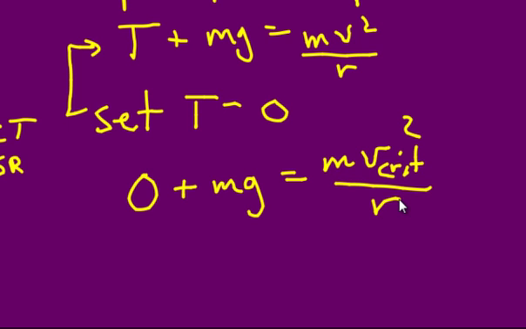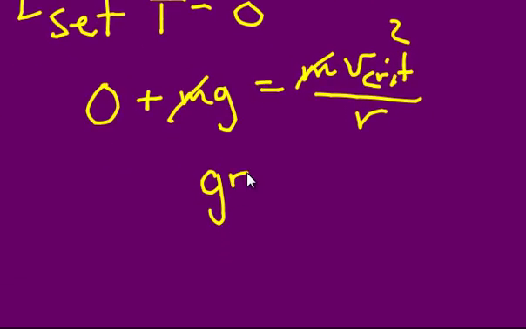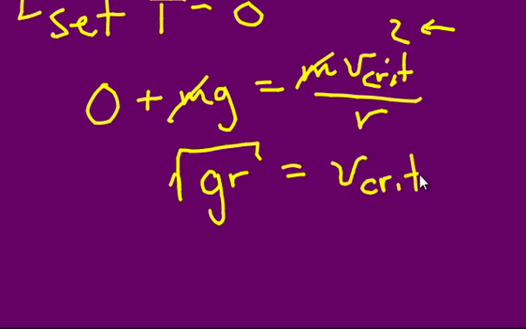I'm just going to do it symbolically, with symbols instead of numbers. You'll notice there's an m on both sides, so I can cross those out, divide by m, and then multiply both sides by r, giving gr. Then I'm going to take the square root of both sides to get rid of that square. I get this little equation right here. That's the critical speed for this particular object.